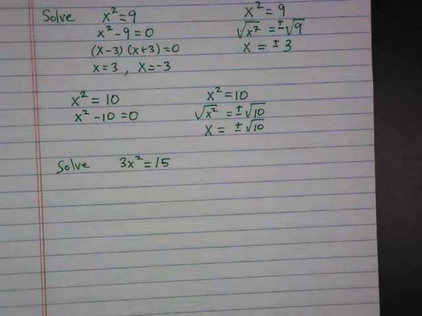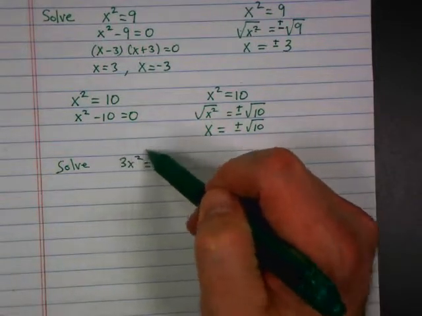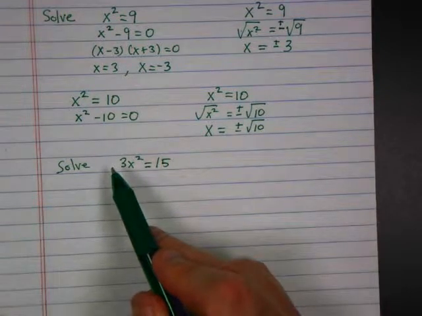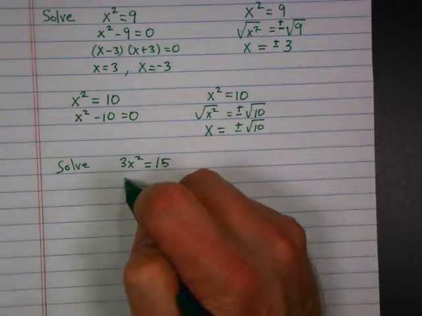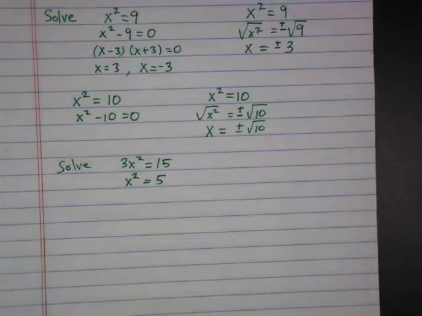What I really want to do is do a square root. If I do a square root right now on the left-hand side, what's the square root of 3? Not a nice, pretty thing, is it? You're absolutely right. What you want to do first with these problems is get the x squared thing all by itself. In other words, we want to divide both sides by 3.